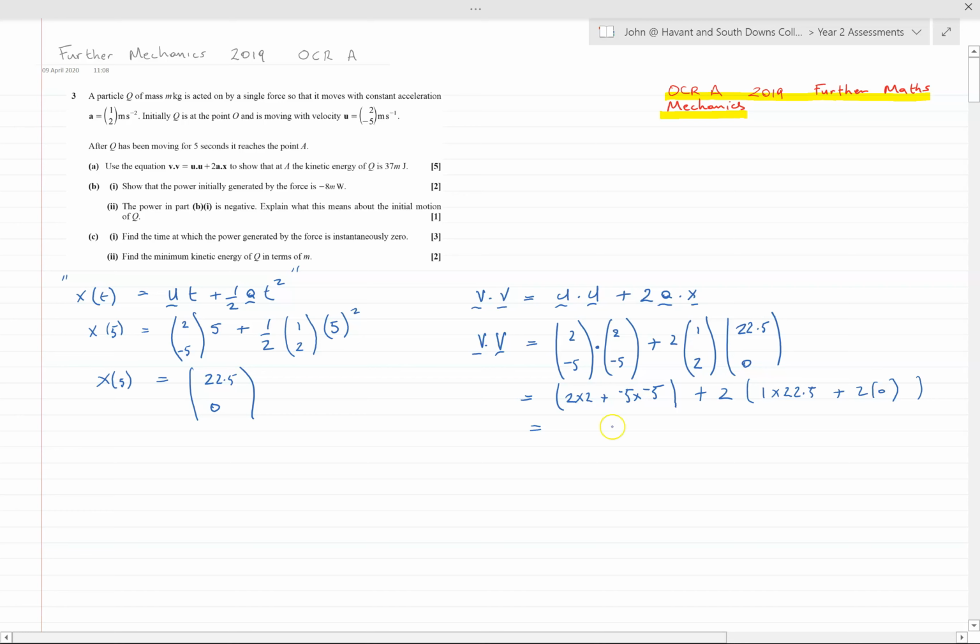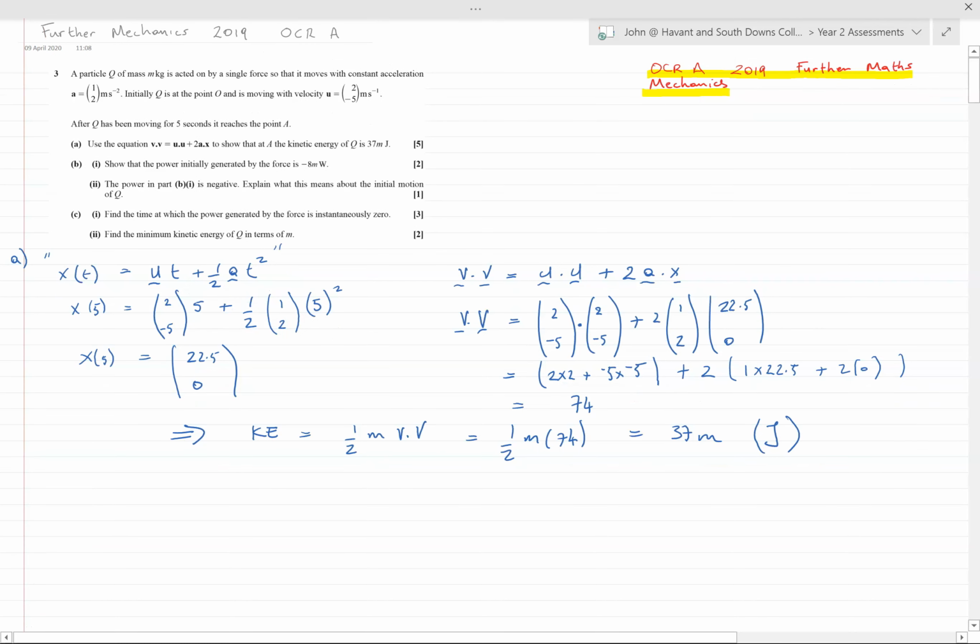So 45 plus 29 is equal to 74. So that gives us the kinetic energy, which is equal to half mv squared, or half m v dot v, which is equal to half m times 74, which is equal to 37m joules. Okay, so that's the first part done, part A.